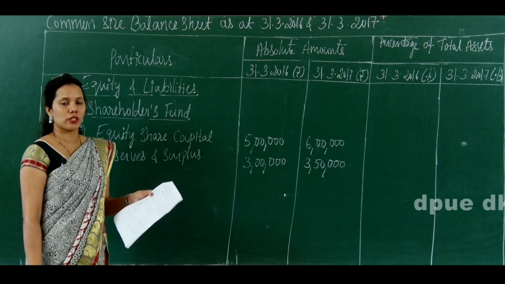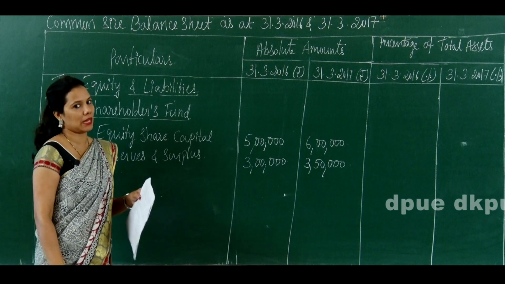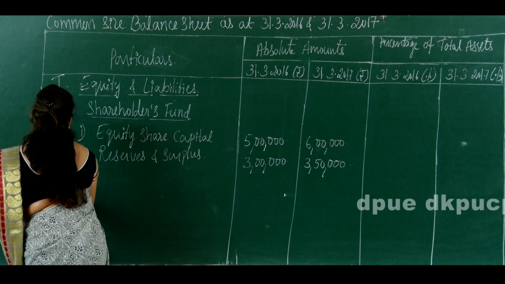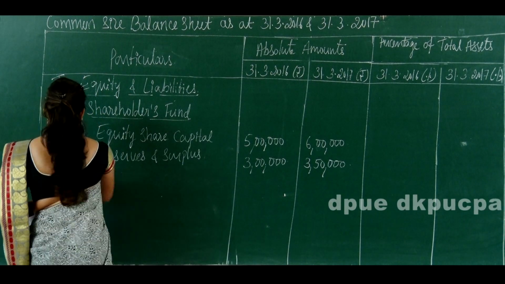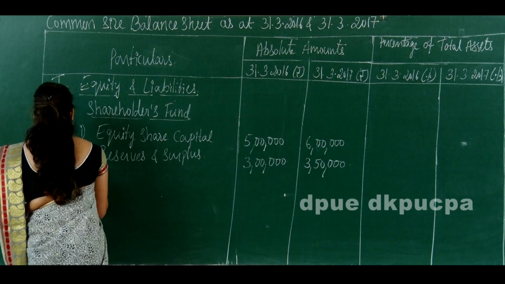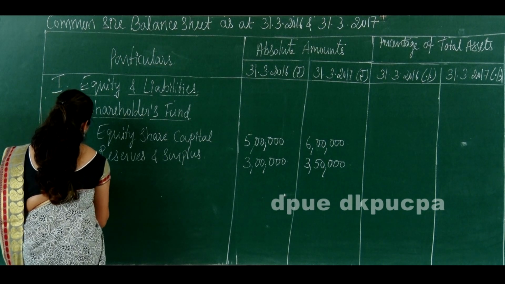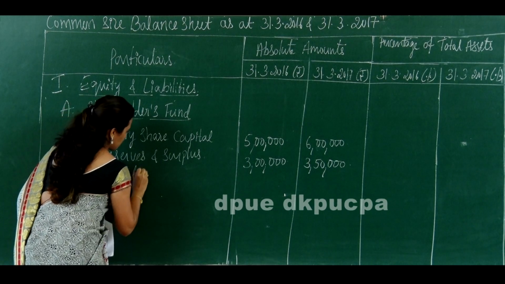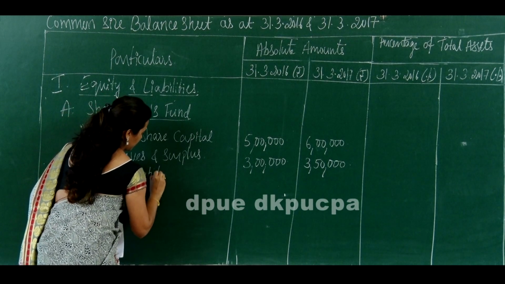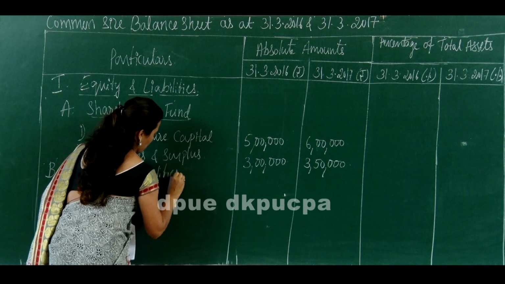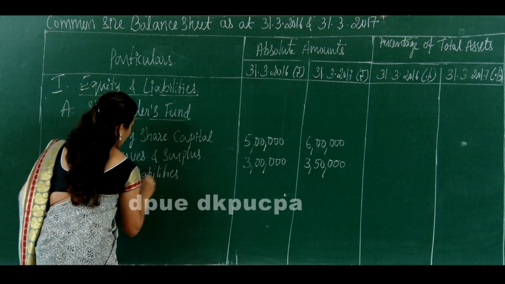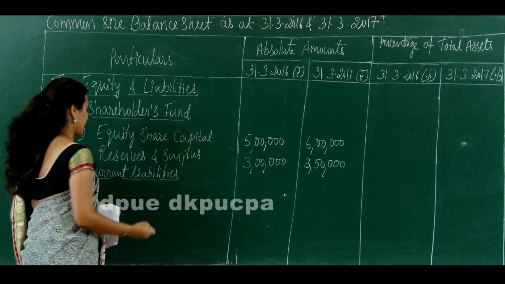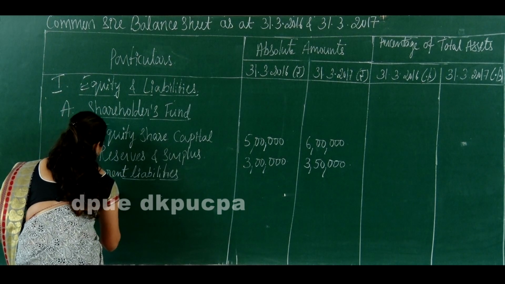Next we have debentures. Debentures are non-current liabilities. The second heading, I can write it as B, non-current liabilities. Under non-current liabilities, I can write long-term borrowings.